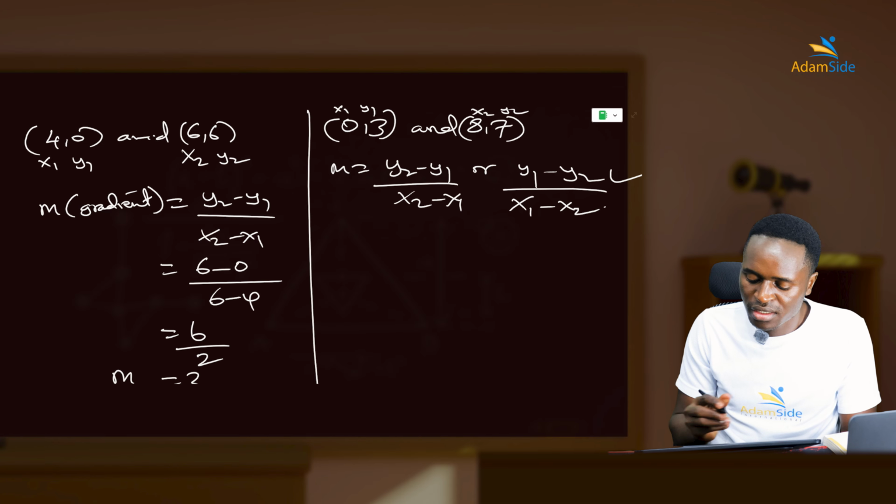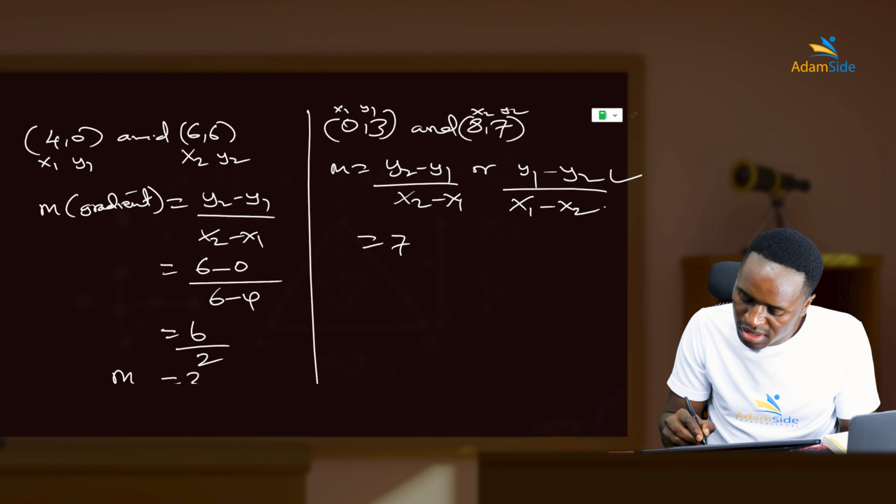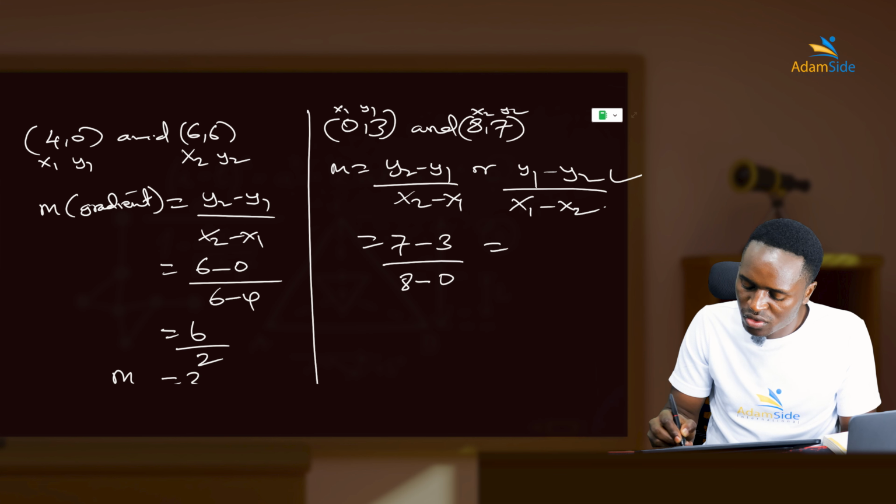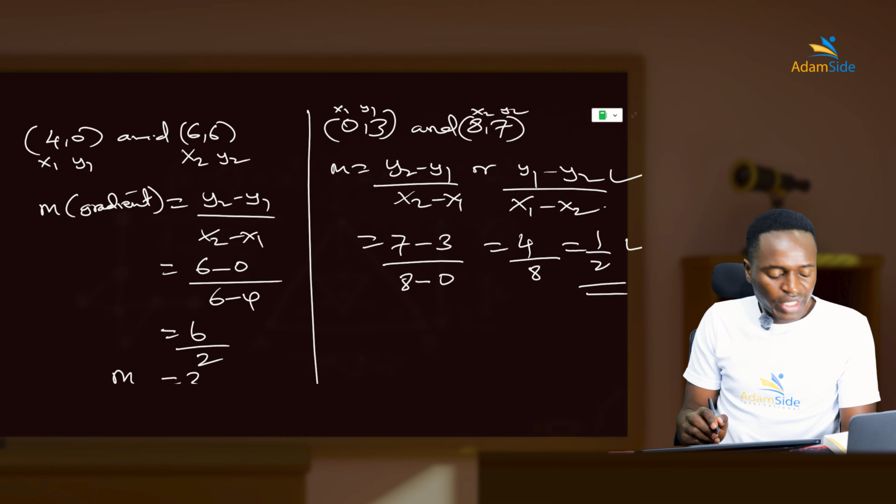You can do that. So y2 is 7 minus 3 over 8 minus 0. So you get 7 minus 3 is 4 over 8, it's a half. That becomes the gradient. Correct.